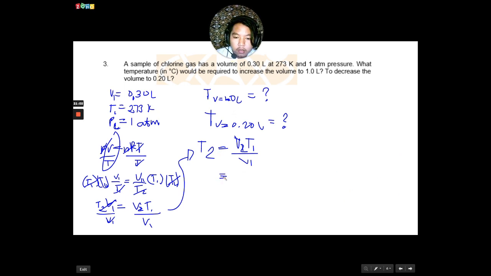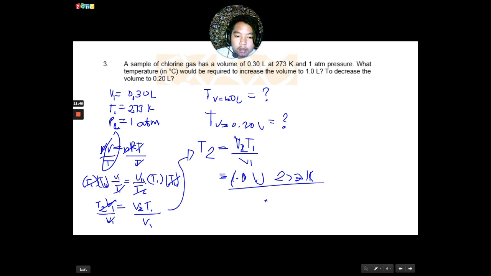So T2 equals 1.0 liters times the temperature 273 Kelvin, over the volume 0.30 liters.